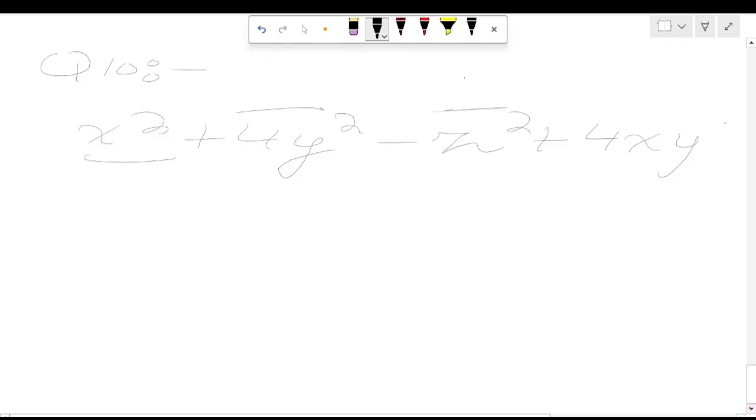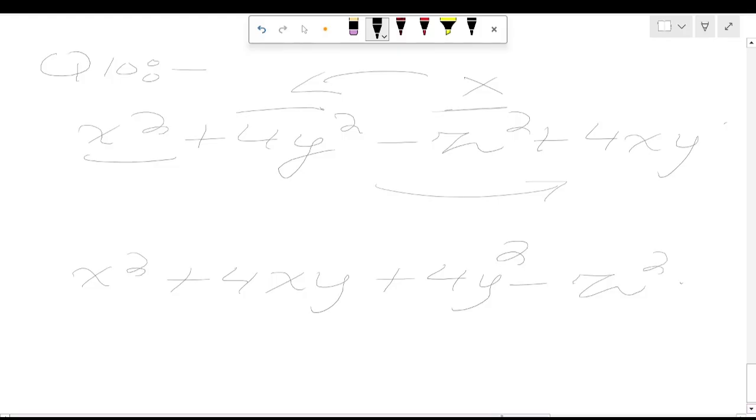So this z is not connected with these both, but instead we have 4xy, so this is connected with these both terms. So I can simply write x square plus 4xy plus 4y square, and then subtracted from z square. So now I have formatted this expression, and then we can simplify it.